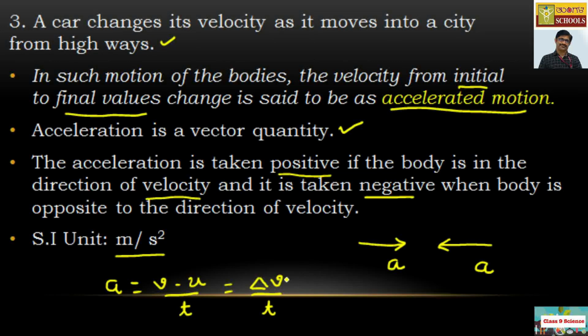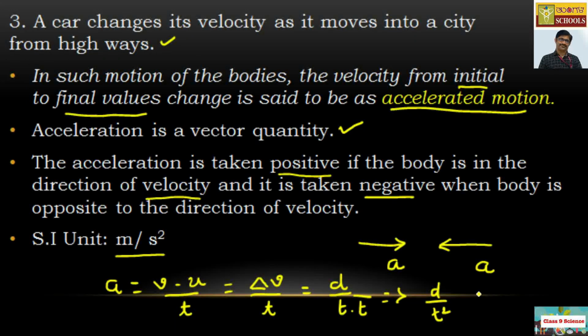Velocity is nothing but distance by time, and there is one more time in the denominator, therefore it can be written as d divided by t square.